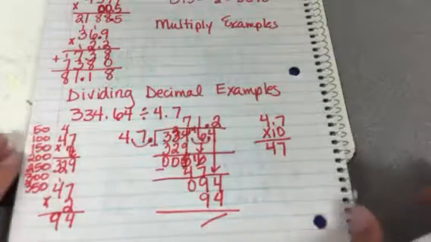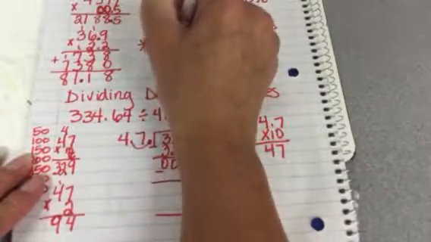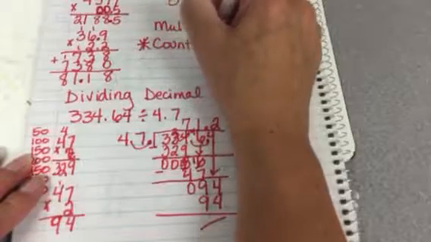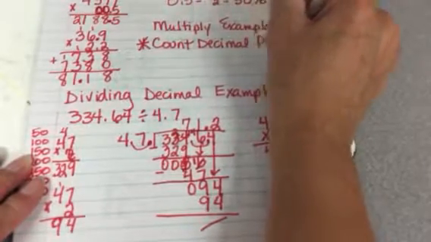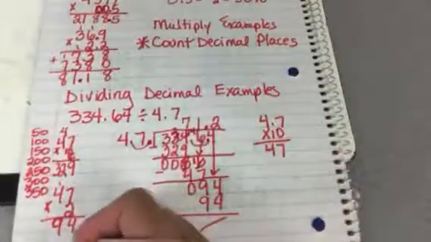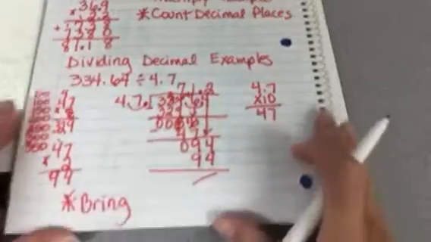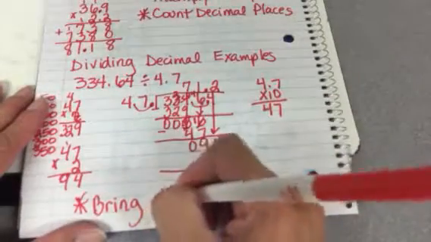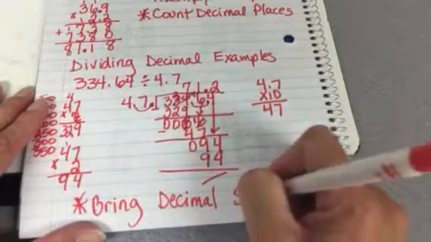There's no counting decimal places. Here we do count decimal places. Here we need to bring the decimal straight up.